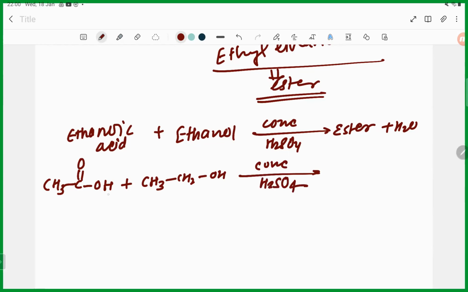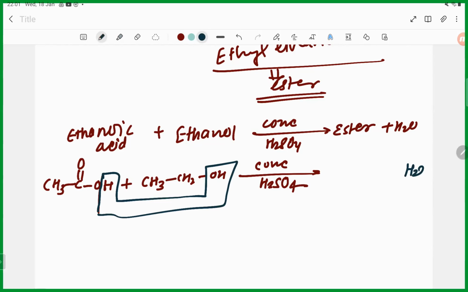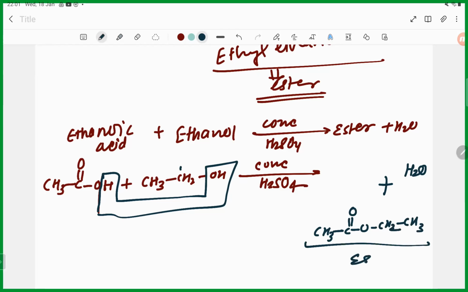Here this H is going to go out with this OH, so one molecule is water. What is the second molecule? You start writing CH3, C double bond O, again O, and it is going to attach with this one, CH2, CH3. This is the ester.